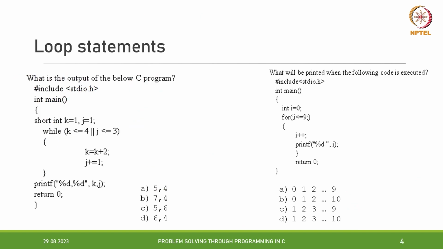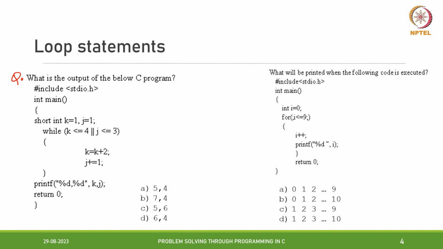Alright, so a couple more questions. So we have short int, which is also a type of int, like you use it for saving integers, but with much smaller capacity than the normal int.